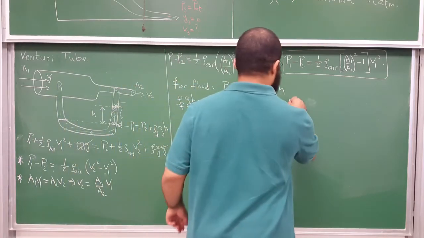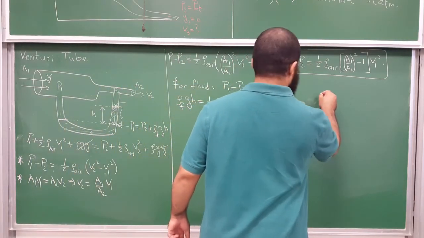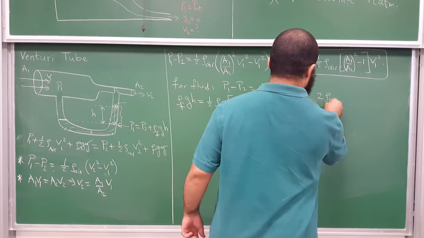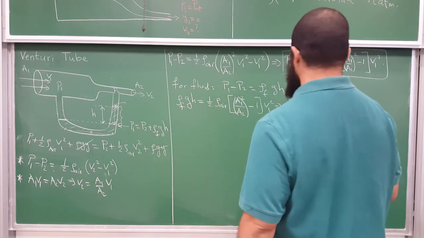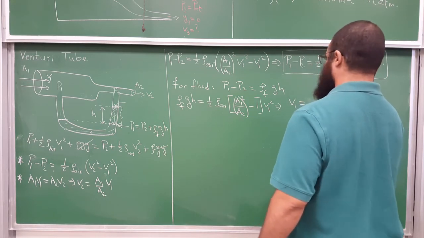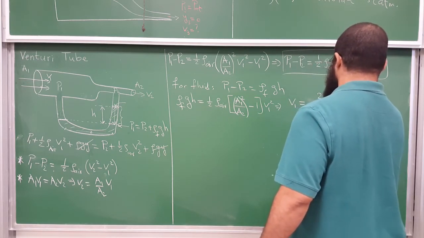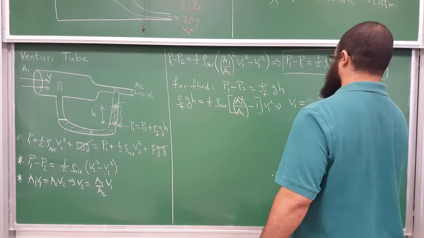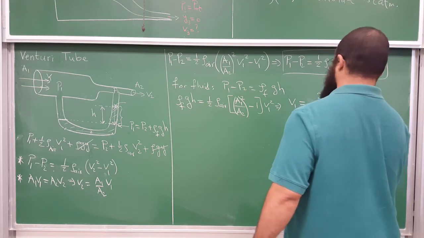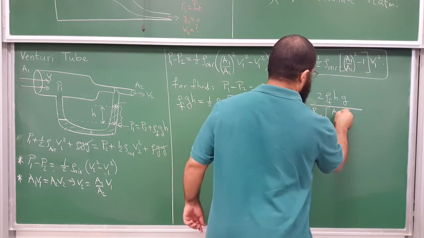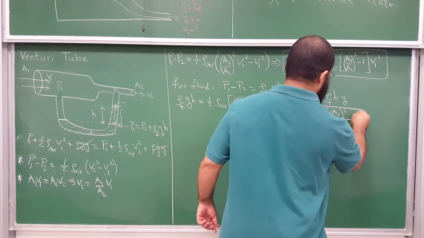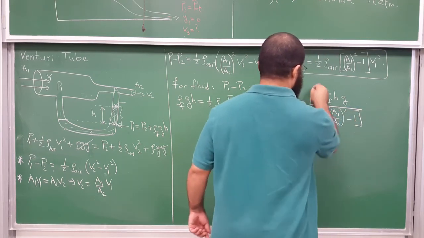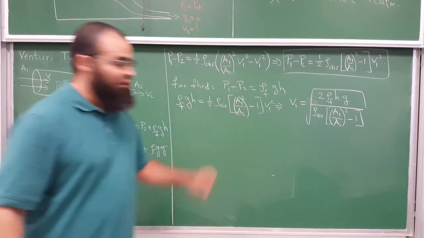So V1 will equal the square root of 2 rho fluid g h divided by the density of air, and then here I have the area 1 over area 2 squared minus 1. All right, so that's V1.